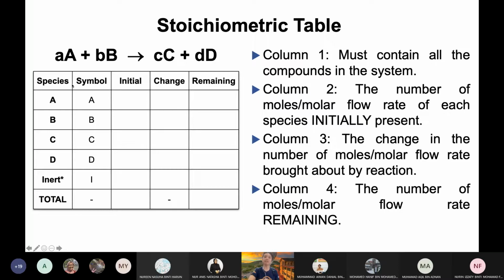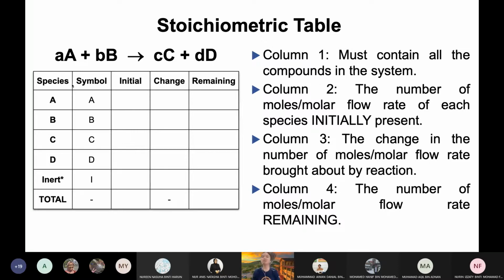Okay, done. Now, next column, simbol. Okay, maksudnya macam ni. Katakan, you realise kan kadang-kadang dalam tindak balas, sometimes I will use the real chemical equation. For example, N2 react with H2 to produce ammonia, NH3. So, spesies dia akan jadi N2, H2, NH3.